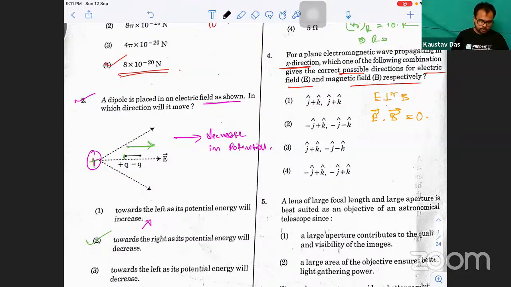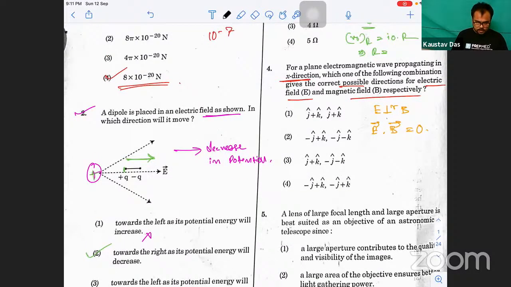So here, which of the options is correct? As you can see here, minus J plus K and minus J minus K. So if I take the dot product, minus minus becomes plus, and the plus K dot minus K becomes minus. So option number 2 is going to be the correct answer. The E dot B vector is going to be 0.